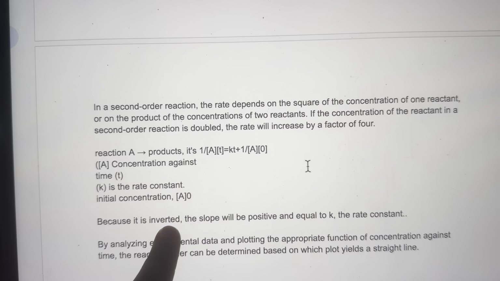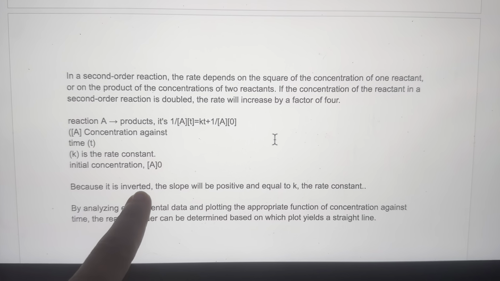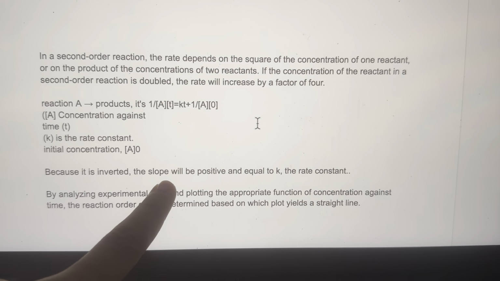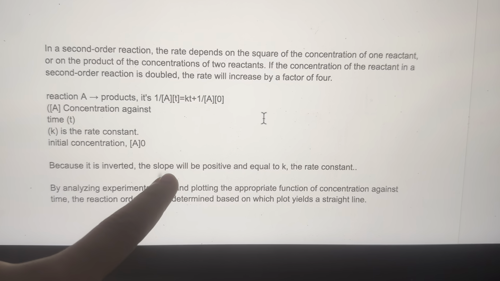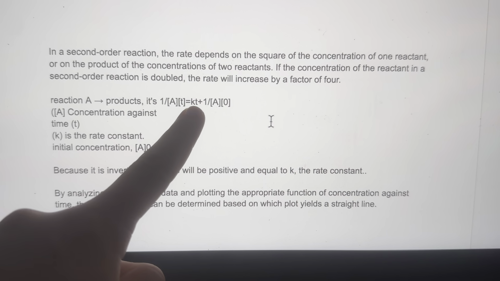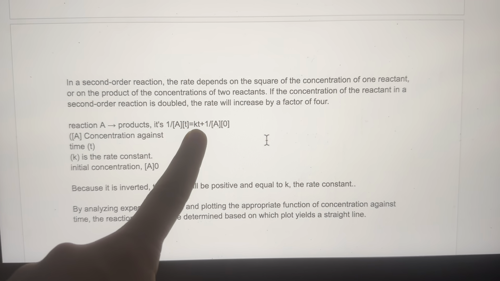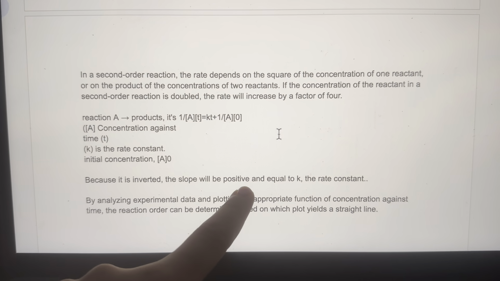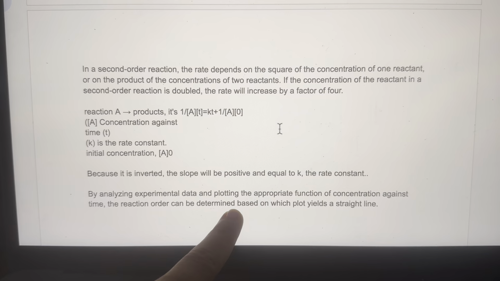So that is a difference, and it is inverted. The slope will be positive, and K will be positive this time. That's another difference. Instead of K being negative like the zero and first order, it will be positive because it is inverted.